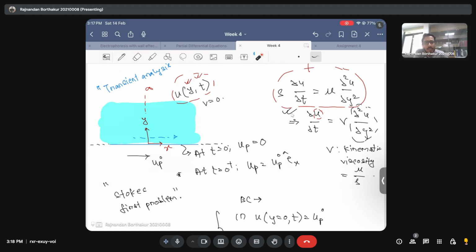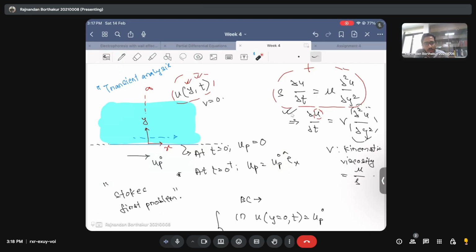For example, if I set the plate in motion at time t equal to 0 plus, I can ask what is the length from the plate in the fluid, moving towards the bulk fluid, up to which my disturbance can propagate in a given time t? This is something that we cannot answer a priori, although we can answer it when we are actually solving this problem, given the problem statement at our disposal.